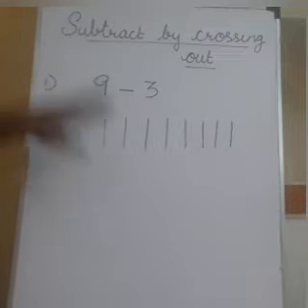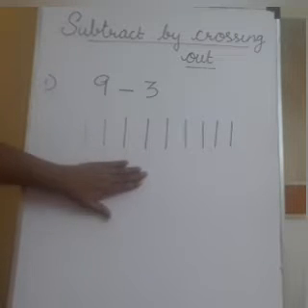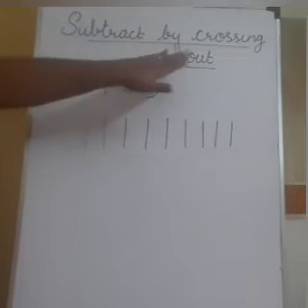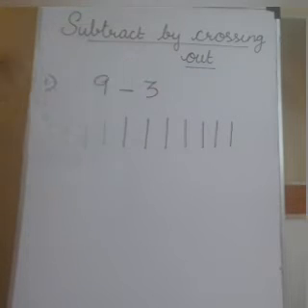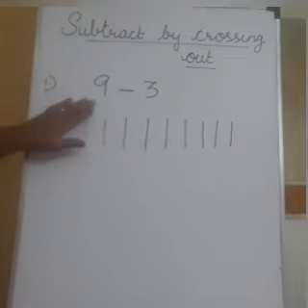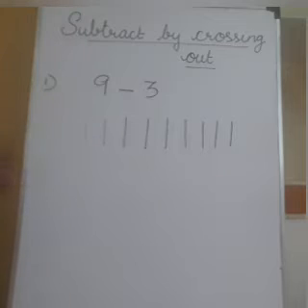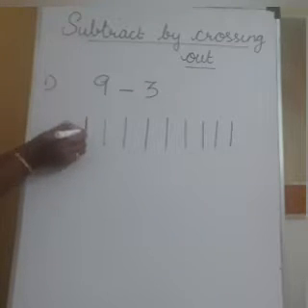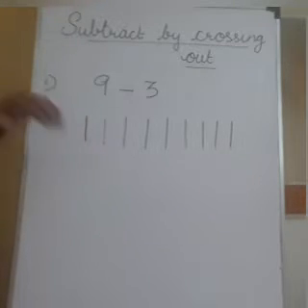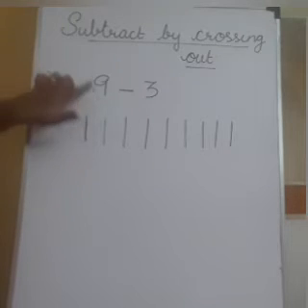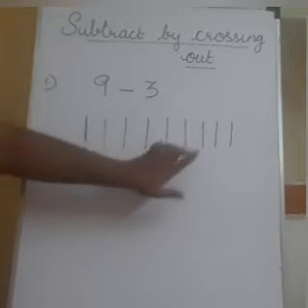Dear kids, we are going to do the subtraction by crossing out. The first question is 9 minus 3. The first number is 9, so we draw 9 lines.